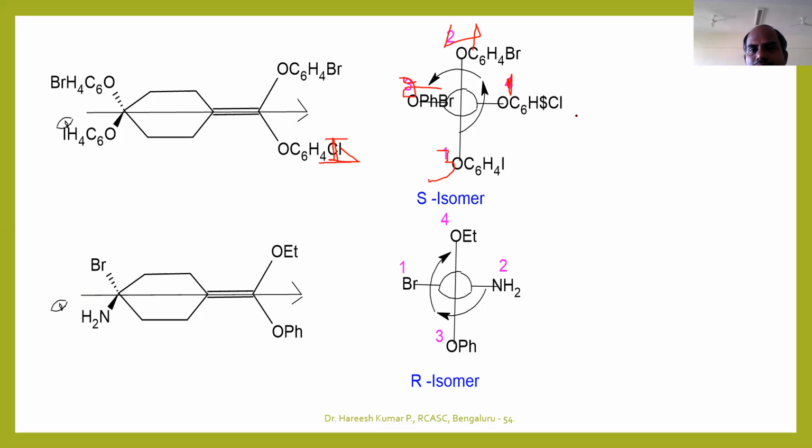Then the movement from there to here is an S configuration. It's an anti-clockwise direction overall. So the configuration is correct, but the priority was wrong. I have rectified it, and you can note it down accordingly. So then what will happen?